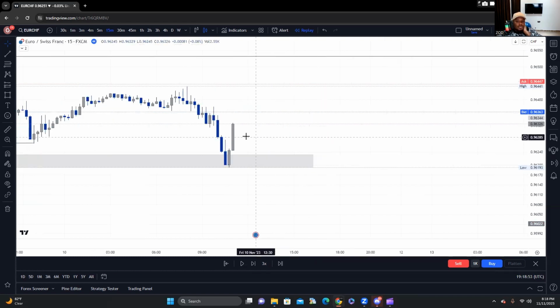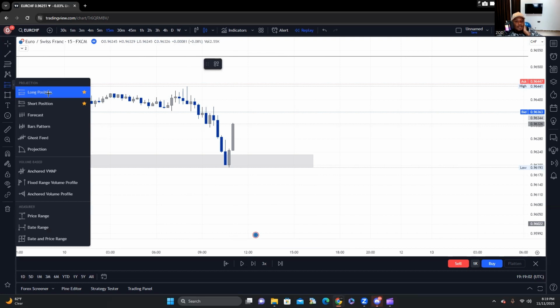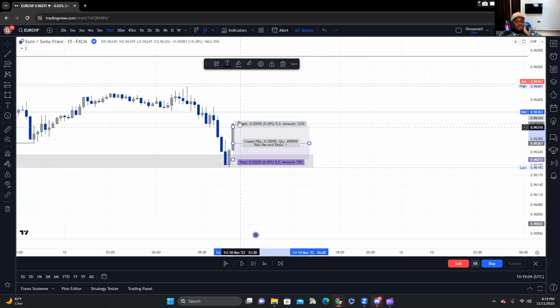So what I want to do is buy off of this whole area here. If I was to trade this market, maybe I'll be longing from, I'll actually wait for the next 15-minute candle to open.